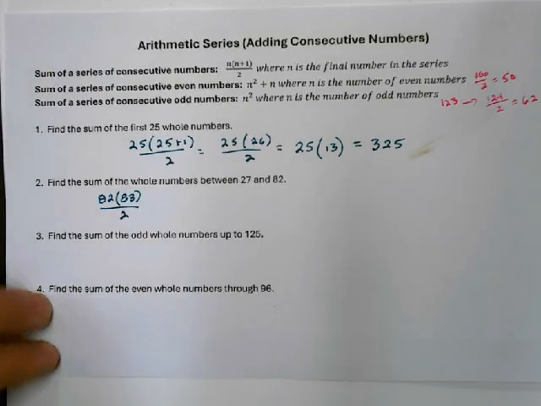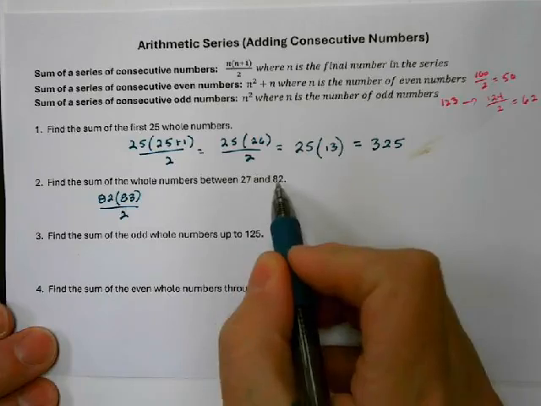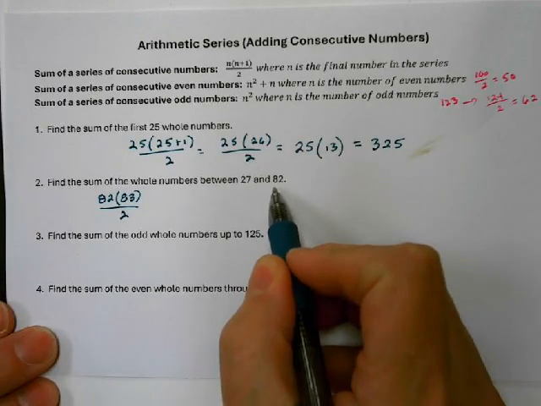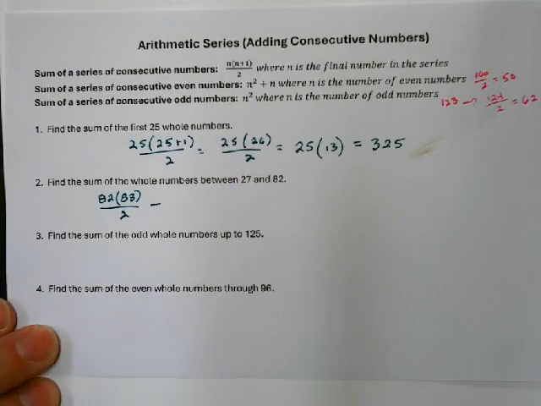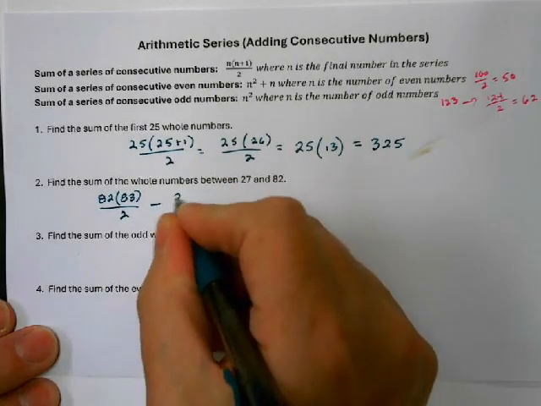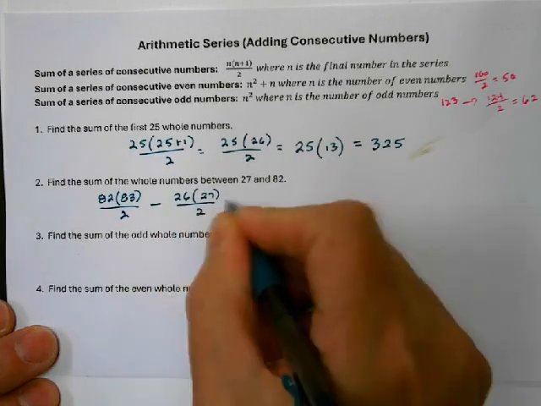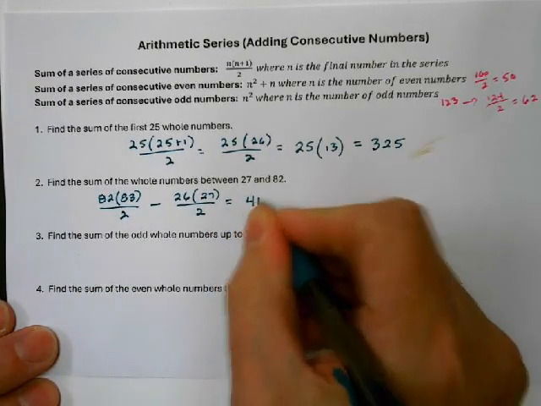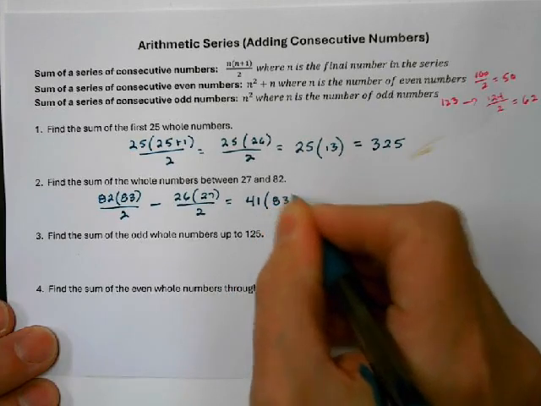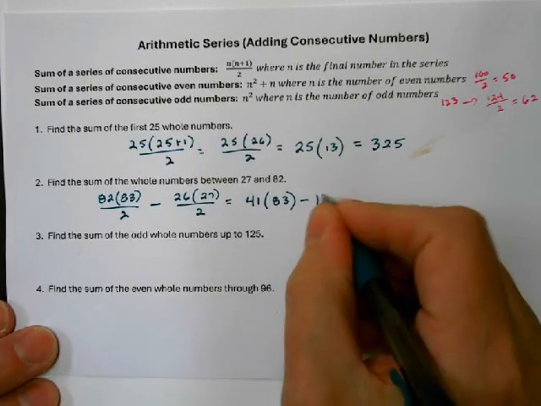So there's the sum of all the numbers from 1 to 82. But I don't want all those numbers. I only want from 27 to 82. So I don't want the first 26 numbers. So I'm going to subtract from that 26 times 27. So 82 divided by 2 is 41 times 83. And then 26 divided by 2 is 13.